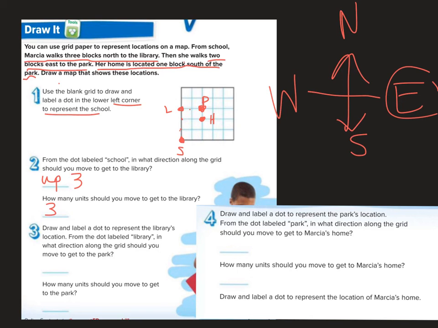We move right, and we moved right 2. Draw and label, we did that. To get to her home, we should move down, and we should move down 1. We're just going to practice. There will be some situations like this for you to practice tomorrow. Like I said, these are both a little bit of review.